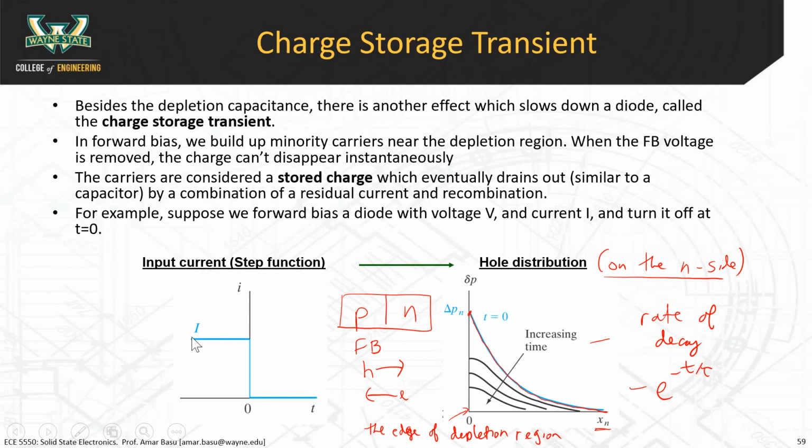The input here is we applied a voltage and got some forward bias current. At t equals 0, we shut the voltage off, so now we're not applying any voltage or current to the system, and these excess carriers take some time to disappear.